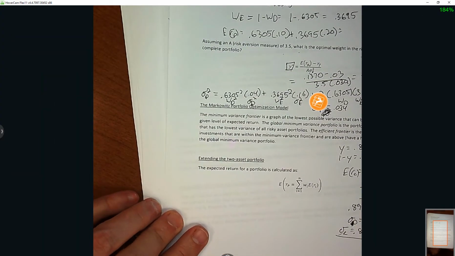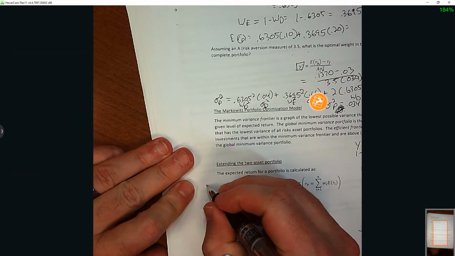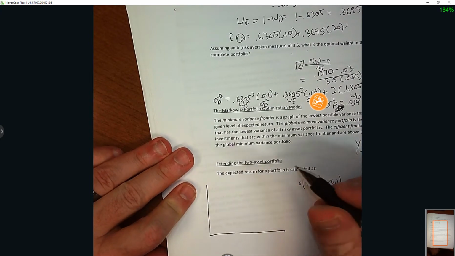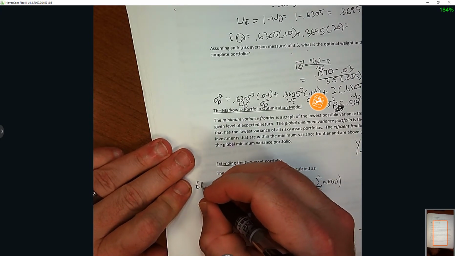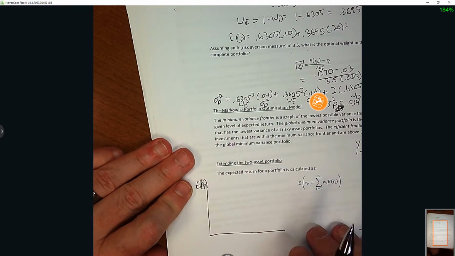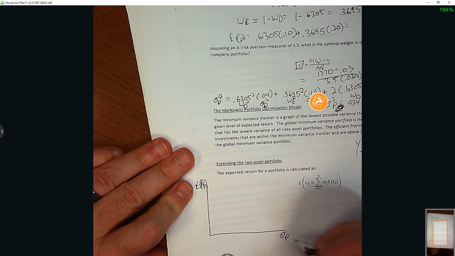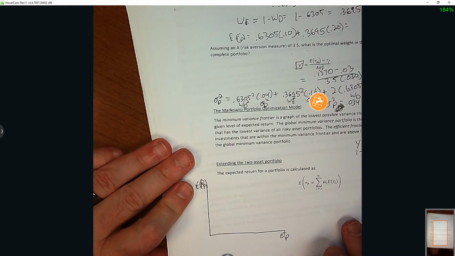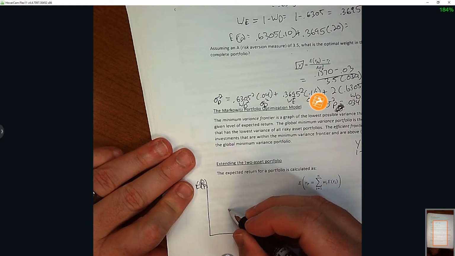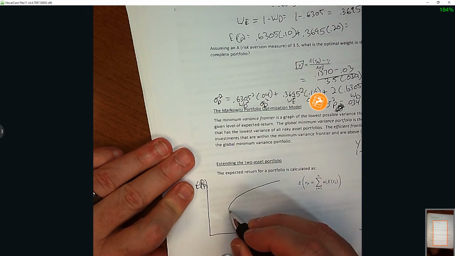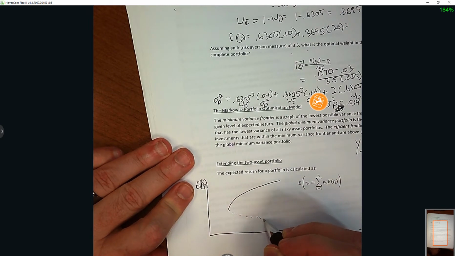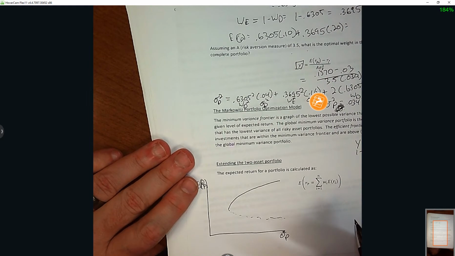So what we just saw was a graph with our expected returns along the y-axis, our standard deviation along the x-axis. We have the efficient frontier, goes like this, and then the dotted line makes up the rest of the minimum variance frontier.